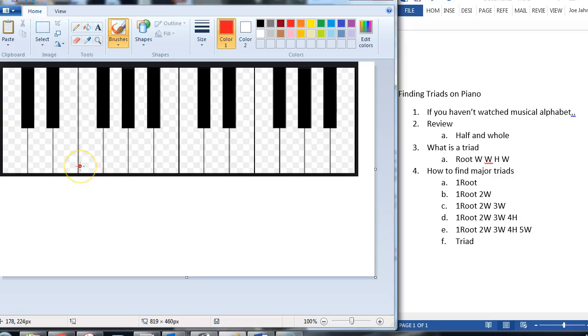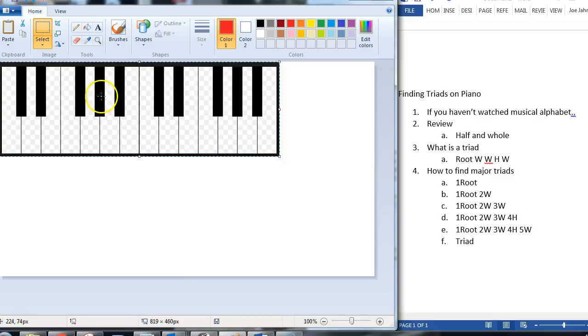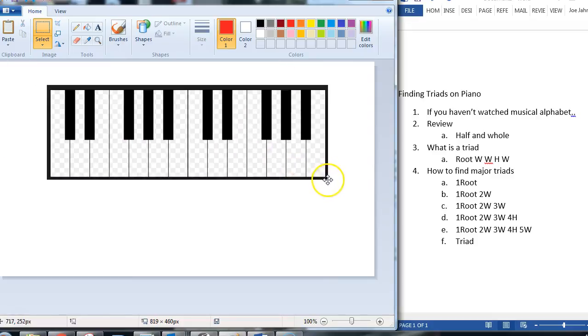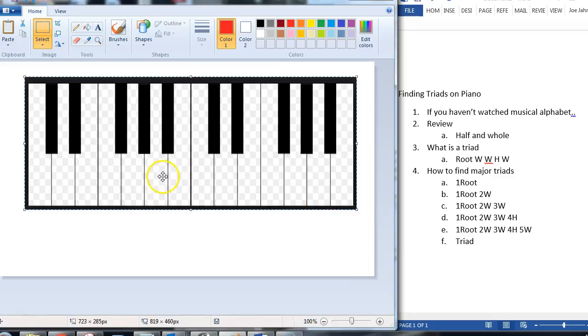Quick review of half versus whole. Make sure a half step is when you go note to note. A whole step is when you skip a note. So if you go from C to D, that's a whole step.